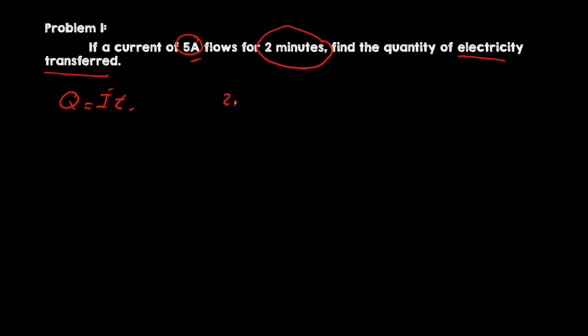2 minutes times 60 seconds over 1 minute. Cancel natin to. So, 2 times 60 is 120 seconds. So, that should be it.